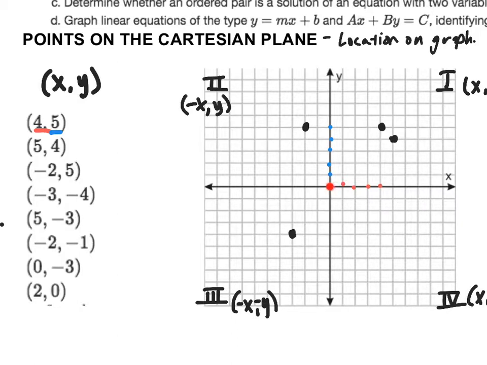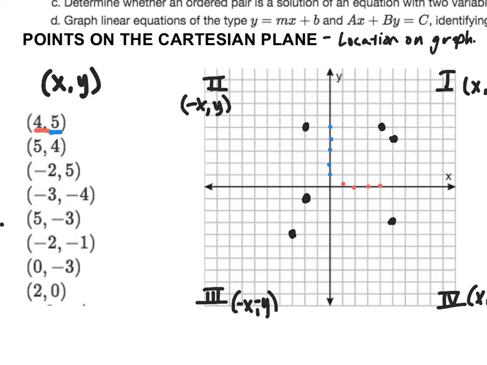So I'm going to start at my origin, go 1, 2, 3, 4, 5, go down 3, 1, 2, 3. And I'm going to put my point right here. The next point I have is the point negative 2, negative 1, and so I'm going to start here at the origin, go left 2, and then down 1, and that's going to give me my point there.